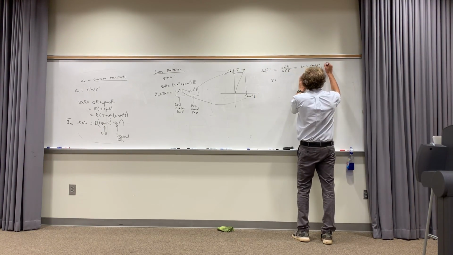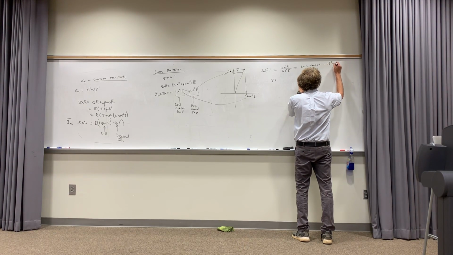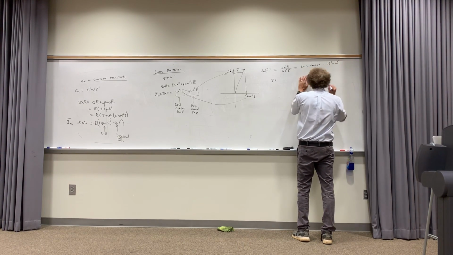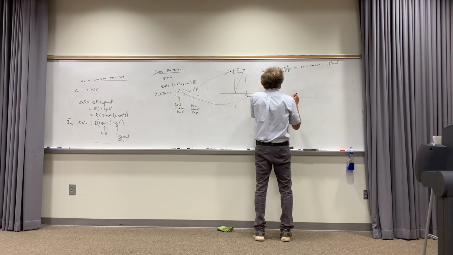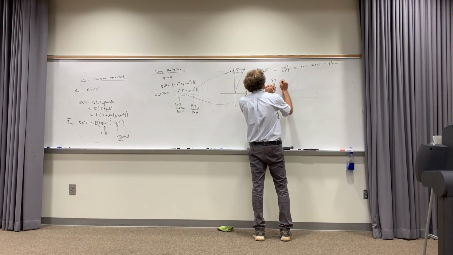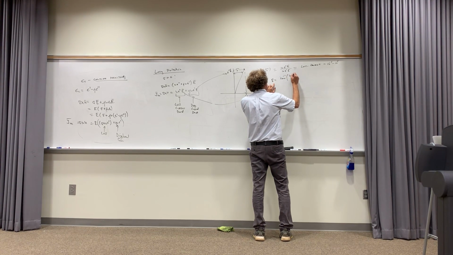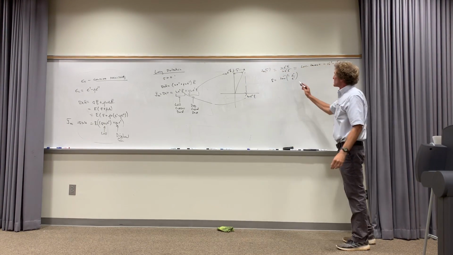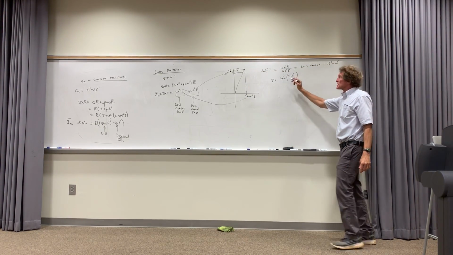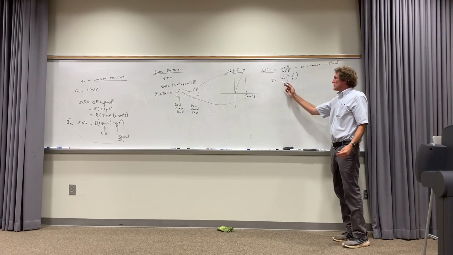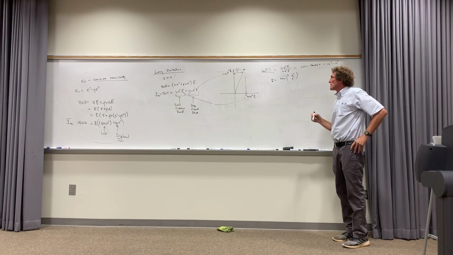Typical values are like 10 to the minus 3 to 10 to the minus 5. And of course this angle is simply going to be the inverse tangent of, forget the omega, just epsilon double prime over epsilon prime. This is the definition of loss tangent.